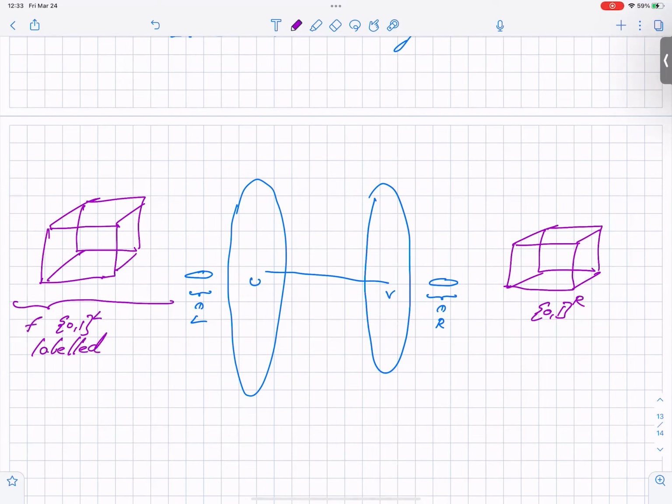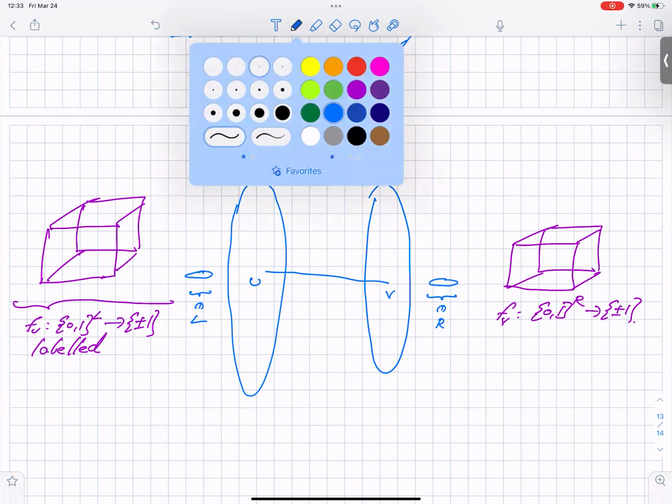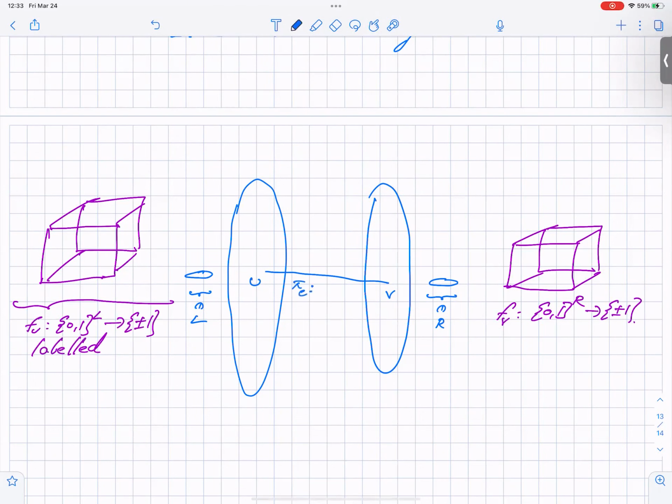And the label is basically this f_U, and this is f_P over here. So I'm thinking of pi as a function from a coloring of U to a coloring. Pi is a function from L to R. And this pi is different for different edges. It depends on the edge.